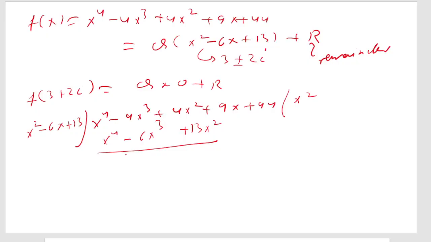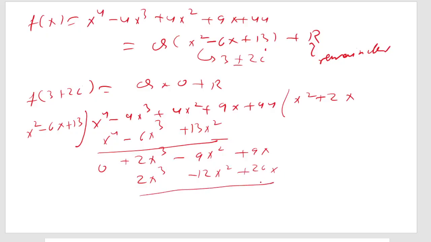I will subtract it and get 0 plus 2x cube minus 9x square plus 9x, and that will be x square plus 2x. So plus 2x means 2x cube minus 12x square plus 26x.